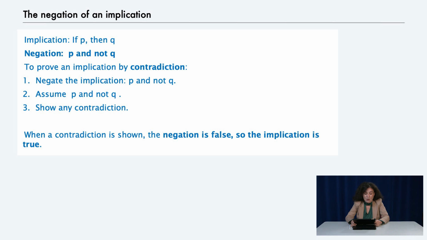So that means we assume that the premise and not the conclusion are true, and we show any contradiction. As in a general proof by contradiction, once we show any contradiction, we're showing that the negation is false, and therefore the original implication must be true.